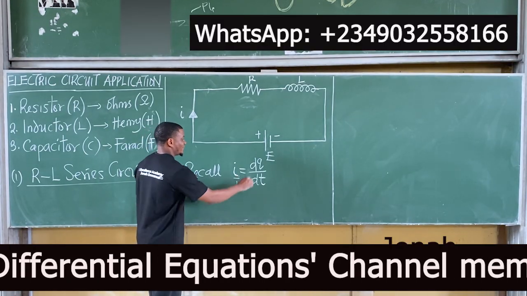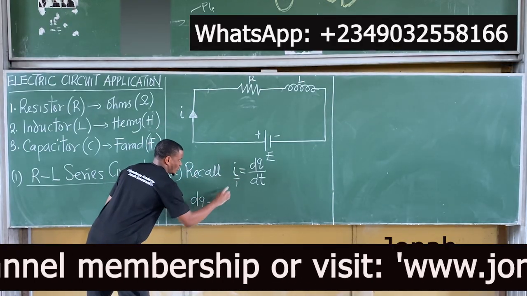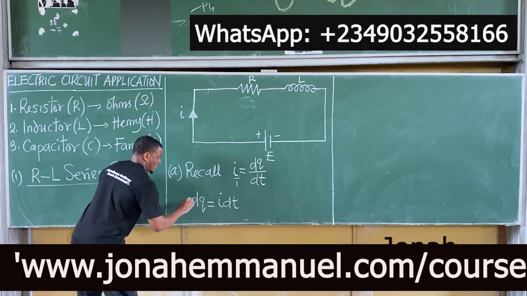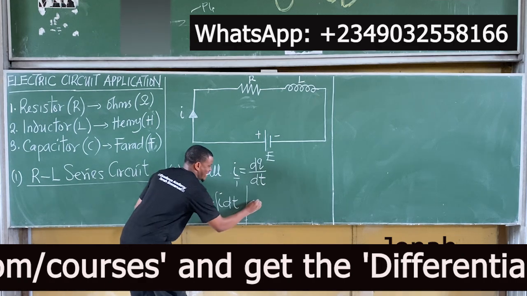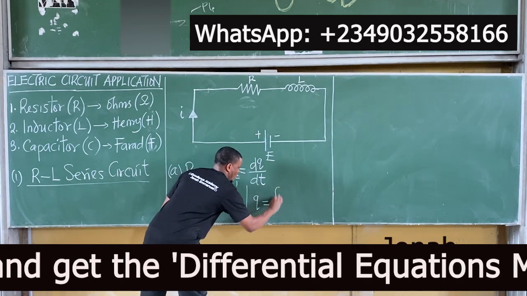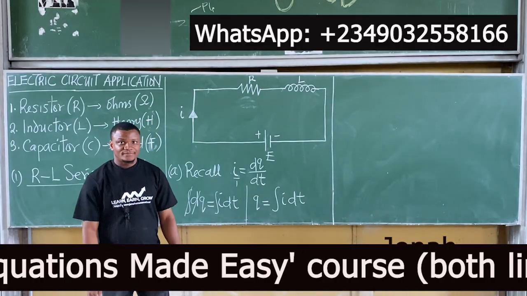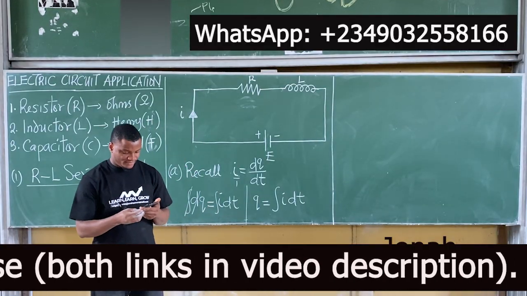Let me cross multiply. This times this, the Q is equal to I dt. The integral cancels this. So it means that charge Q is equal to the integral of I dt. Keep it pending.